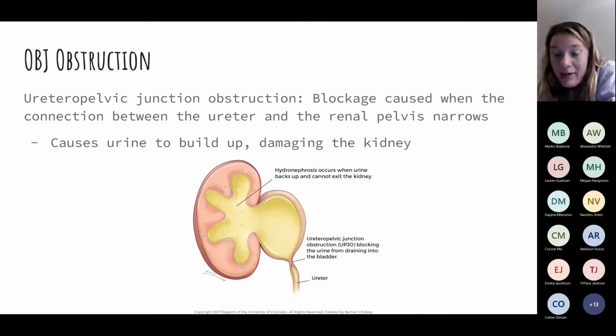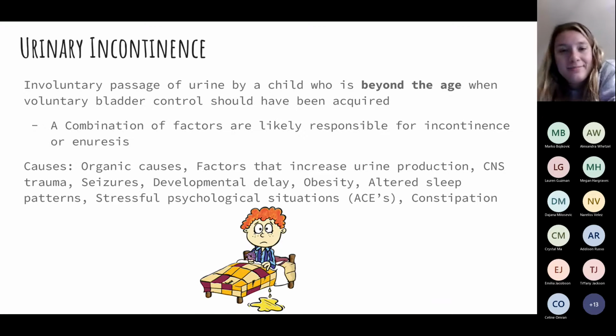And what happens when it flows back into the kidney? Hydronephrosis. My kidney is being overloaded with urine, overloaded with fluid, and that's not good. It's putting lots and lots of stress on my kidney. Keep in mind that if this goes untreated, my kidney is going to get some pretty bad damage. So in this case, this would be a post-renal acute kidney injury.